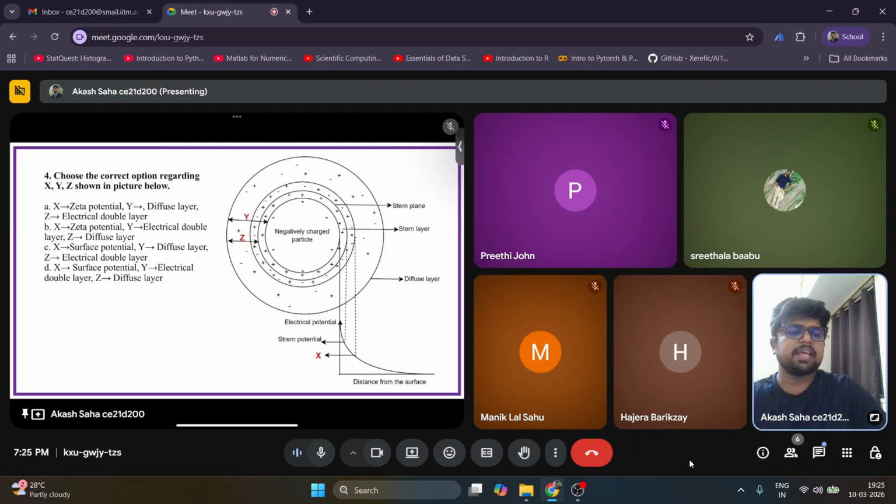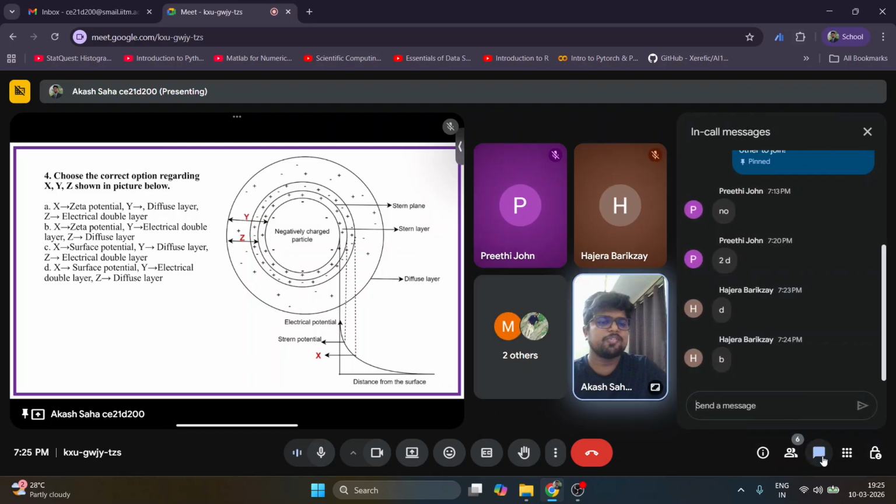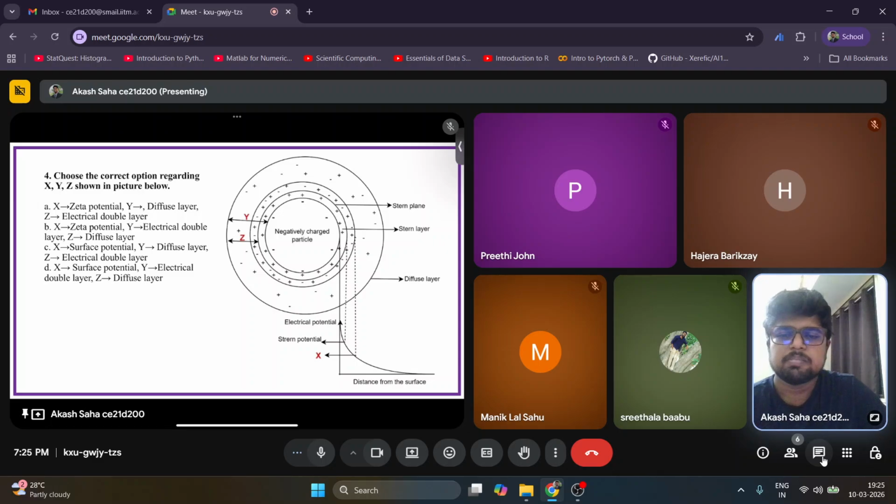X should be very easy because it is marking something related to the potential. We have a plot between the electric potential and the distance, and that particular potential is called the zeta potential. What about Y?